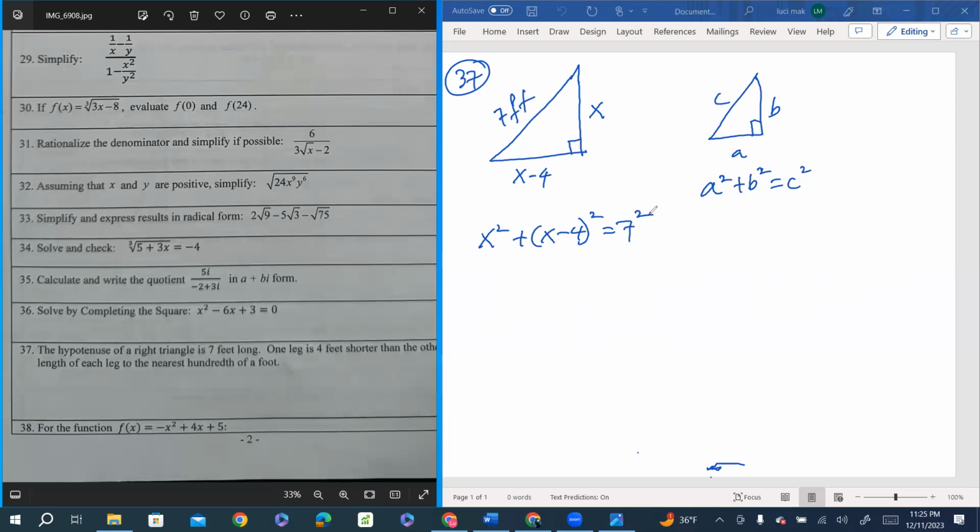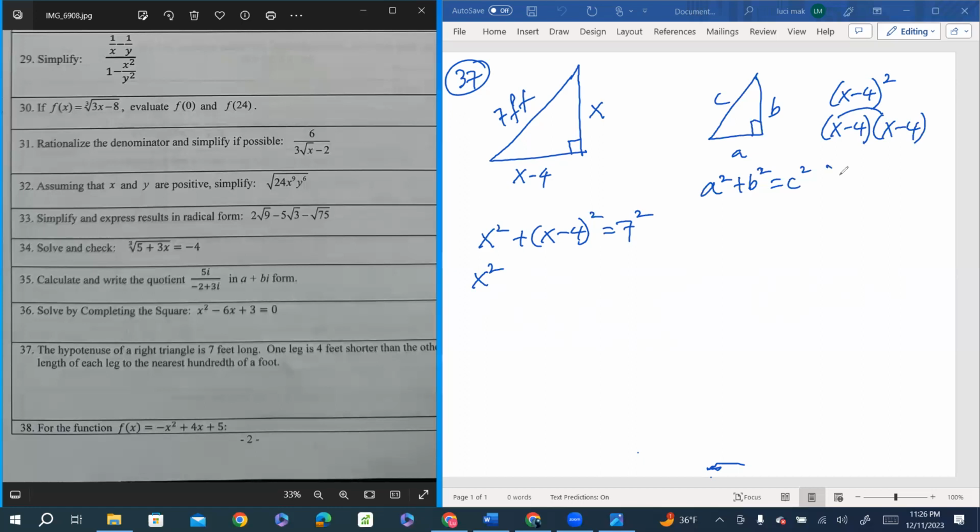Now we need to solve this. So x squared is already good. Here x minus 4 squared, either you can write it twice and simplify it, or if you know a minus b whole squared formula, which is a squared minus 2ab plus b squared, you could also use that. But if you don't remember that, x minus 4 whole squared is x minus 4 times x minus 4.